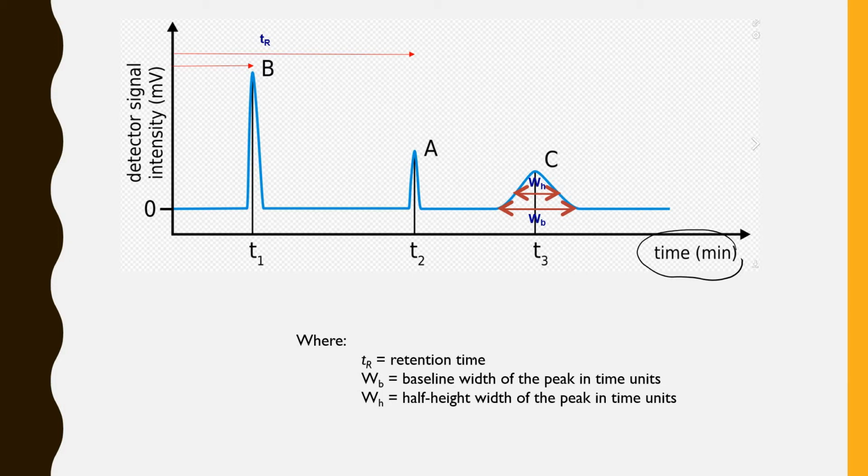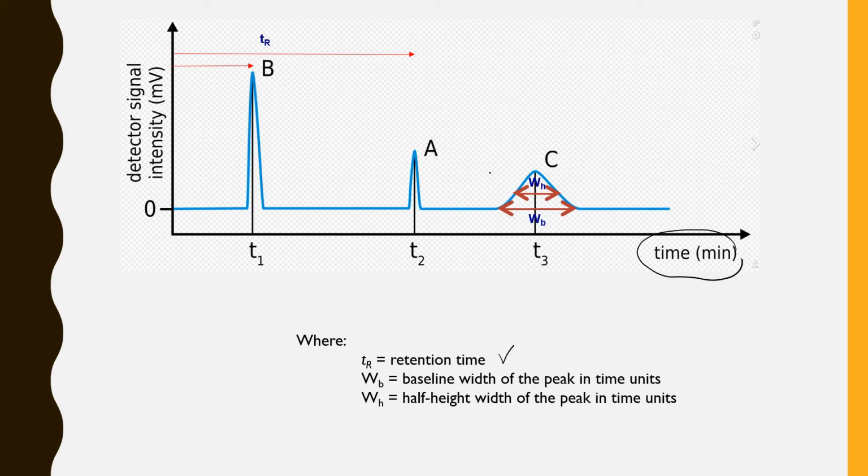The first one is the retention time. Usually the retention time will be given, right? But you have to really understand what the retention time is. Basically, it tells you how much the analyte is retained in the stationary phase during the separation.